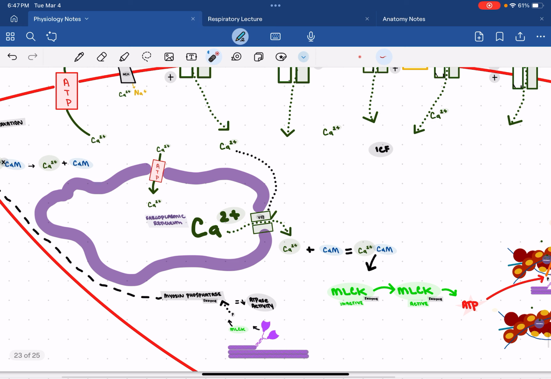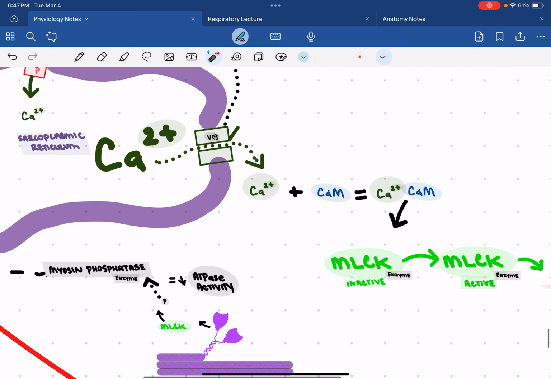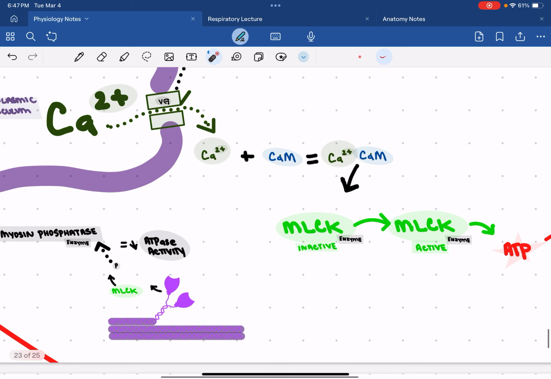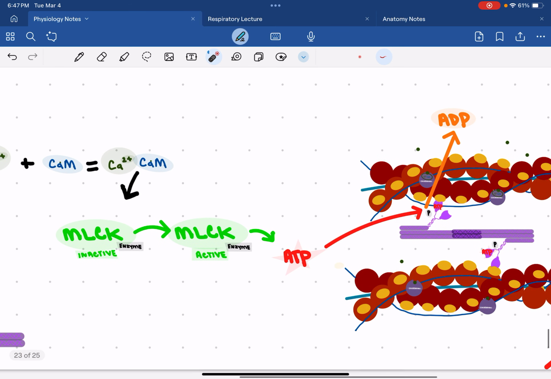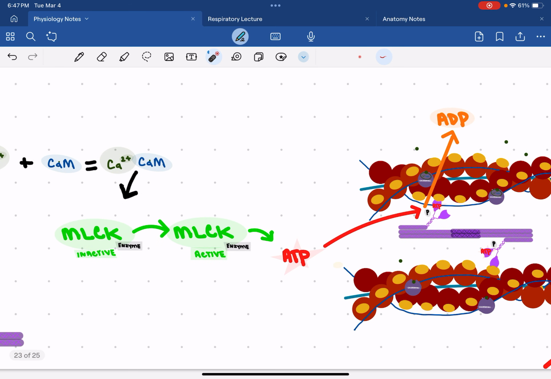So she's coming in, she has been stimulated to come in. She gets her girl calmodulin, and calcium calmodulin literally get the party started by activating the MLCK from an inactive enzyme to an active enzyme. And that's when I guess the party goes down or whatever. I don't know. I don't club.